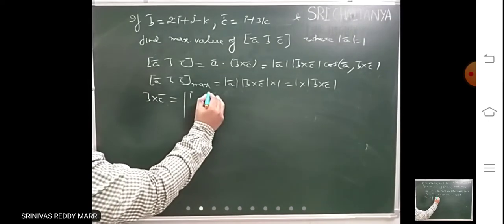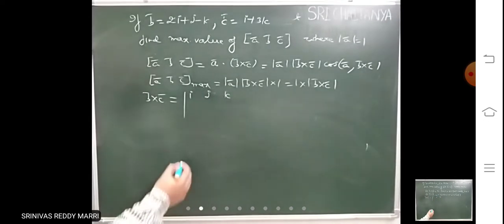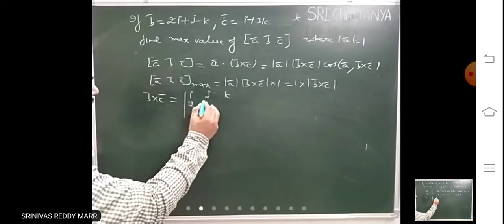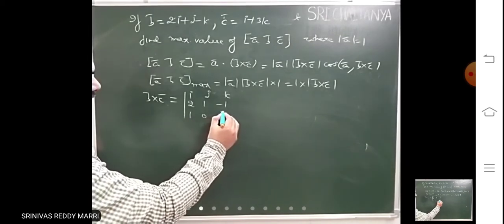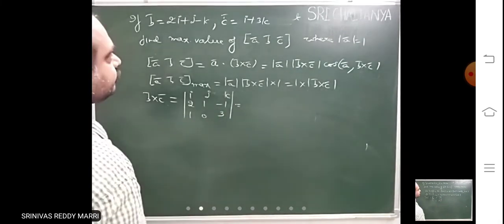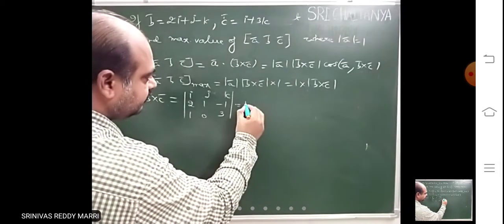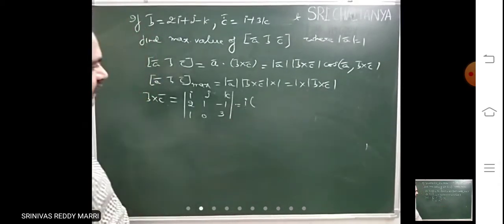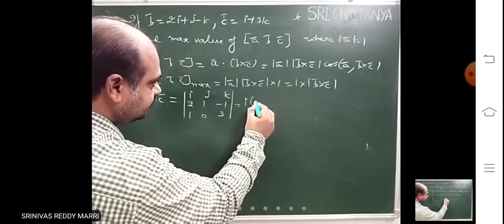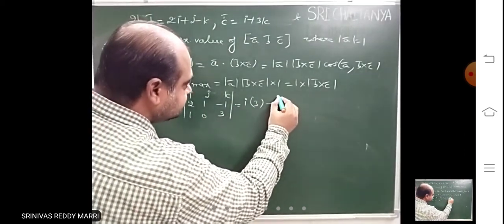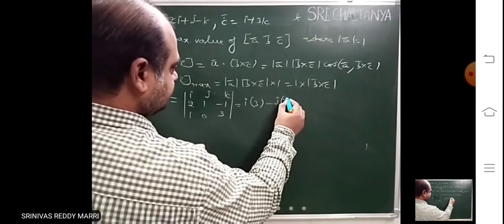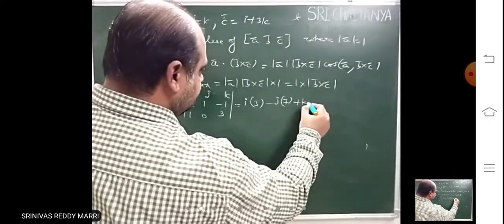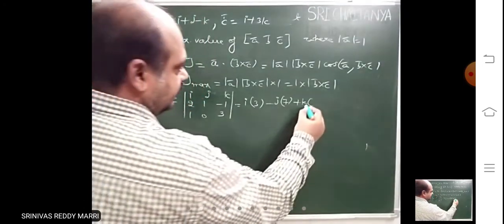It is nothing but the determinant with rows i, j, k; 2, 1, minus 1; 1, 0, 3. Therefore i into 3 minus 0, which is 3, minus j into 6 plus 1, which is 7, plus k into minus 1.